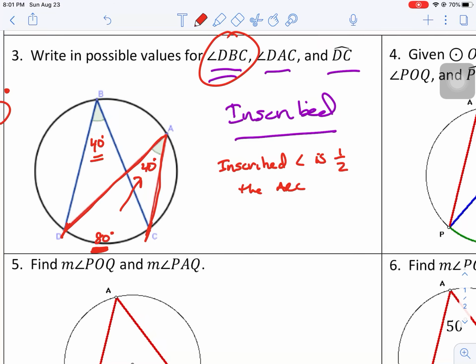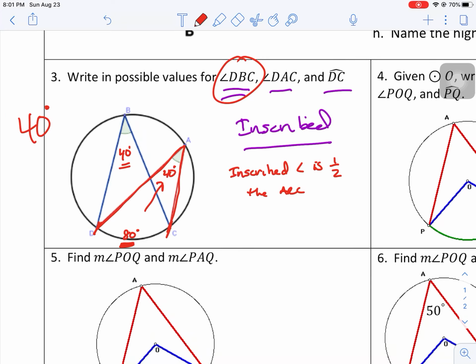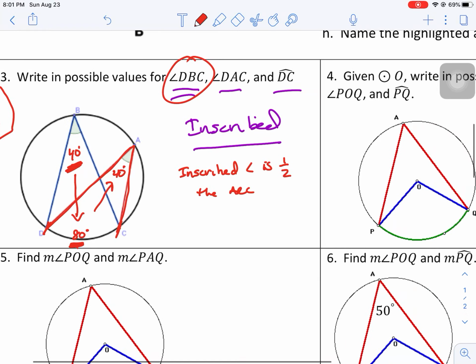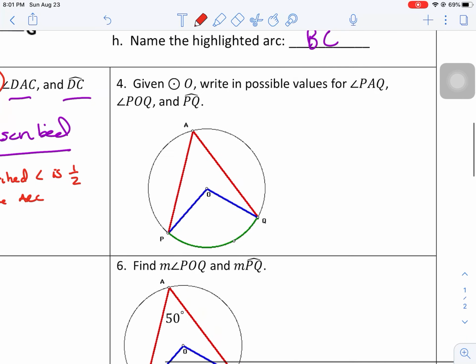So any numbers you pick, you should be able to figure out. So what did we do? We just assigned angle DBC 40 degrees. And then we knew you doubled it because the inscribed angle is half the arc. You double it to get the arc, and then you take the arc and cut it in half to go back to the other arc, or the other angle, okay? Kind of a weird thing, and we'll practice that more.